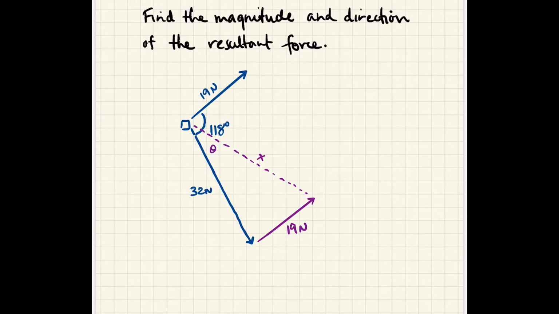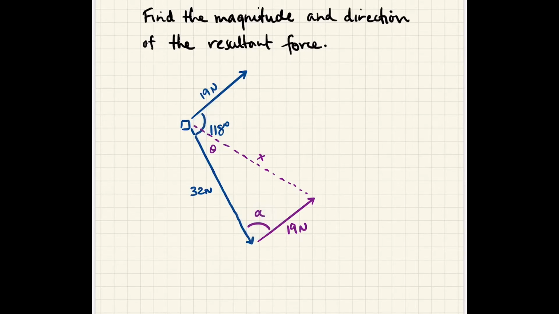We want x, we also want theta, but we don't have any angles in this triangle right away. However, we can find this angle right here. Let's call it alpha. Since these two 19 Newton forces are parallel, alpha and 118 degrees are supplementary.